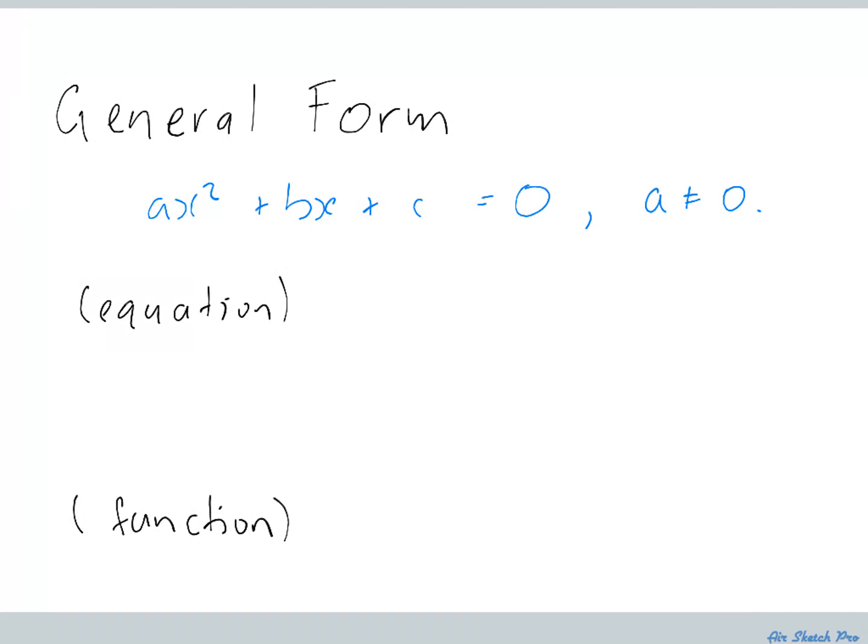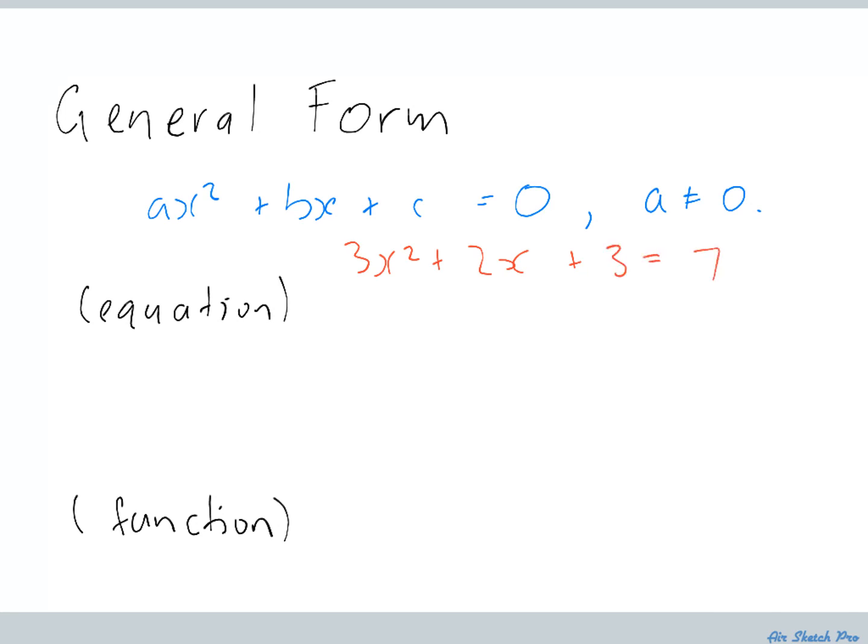If it's in any other form, it could still be a quadratic, but you might need to manipulate it to make it into the general form. An example of that might be 3x squared plus 2x plus 3 equals 7.